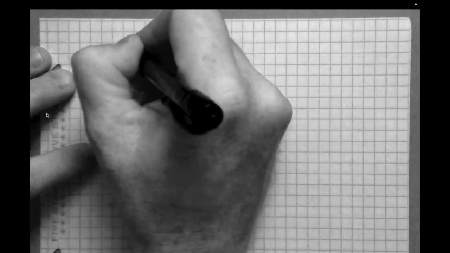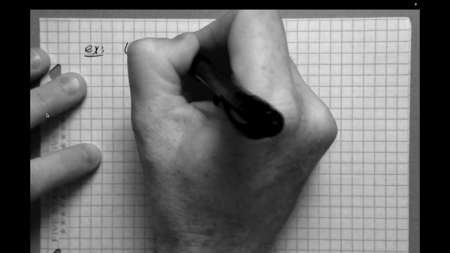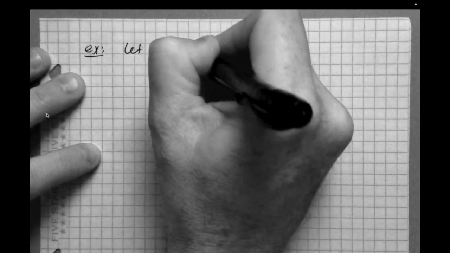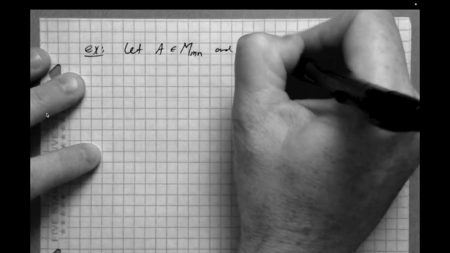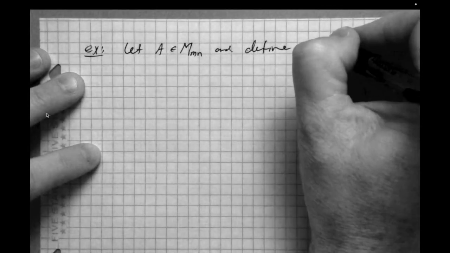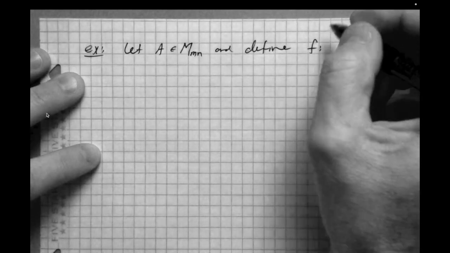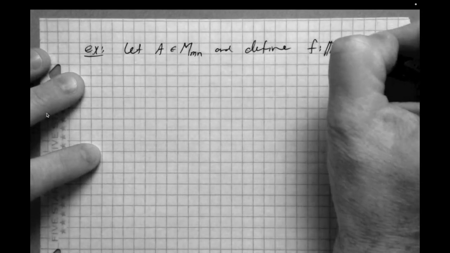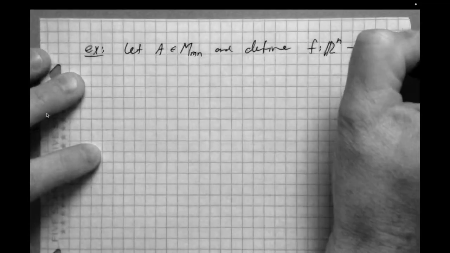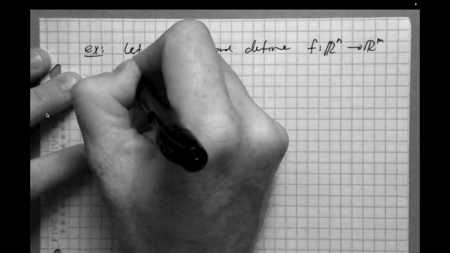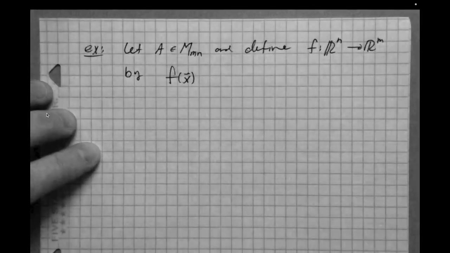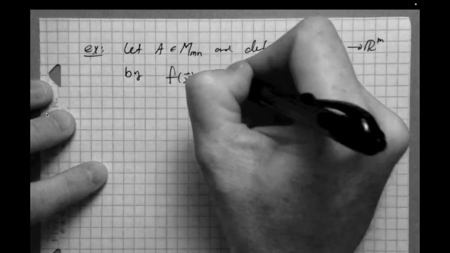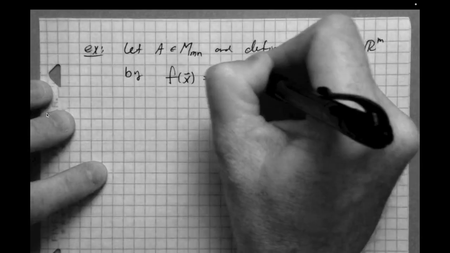Let A be an m by n matrix, and we'll define F from Rn into Rm by F of the vector x is equal to A times the vector x.